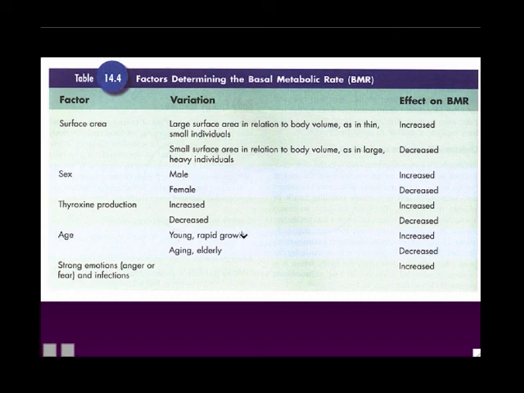But the older you get, your metabolic rate slows down. And so when you get into your senior years, your BMR decreases. And that's why a lot of people, when they get into their older years, tend to put on weight, because their BMR is slowing down. And so they don't burn up their food calories for energy, so their body stores them as fat.